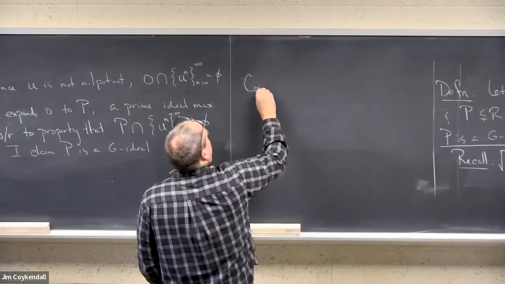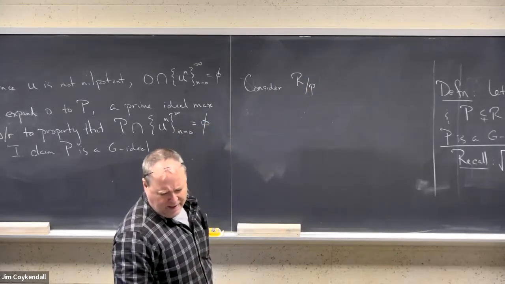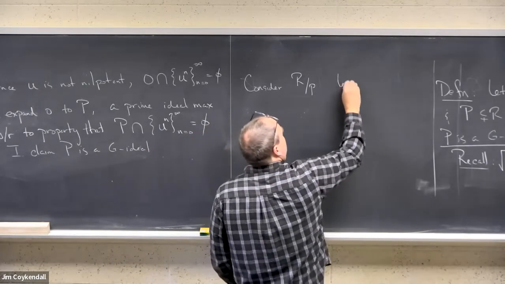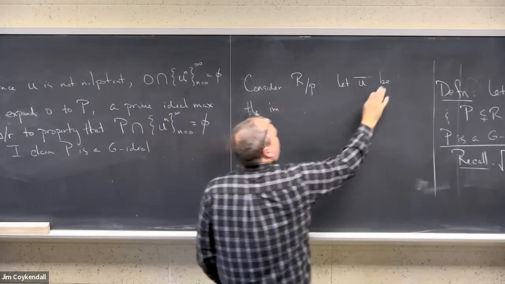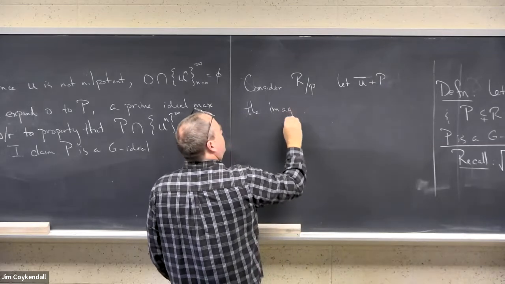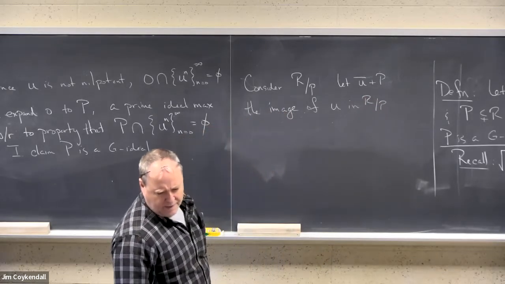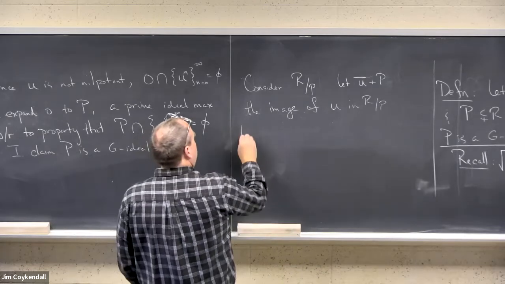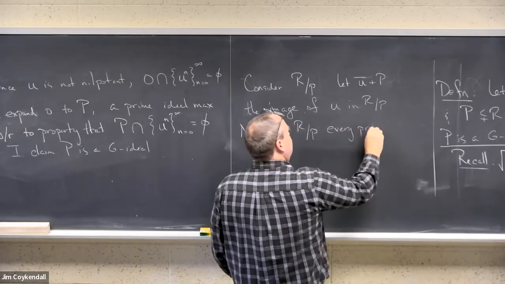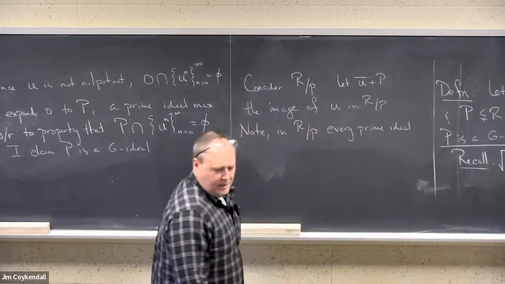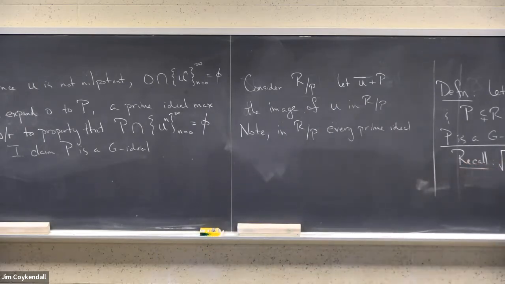So consider R mod P, and look at the image of U, U bar, the image of U in R mod P. Note that in R mod P, every prime ideal, well, what can you say about every prime ideal?